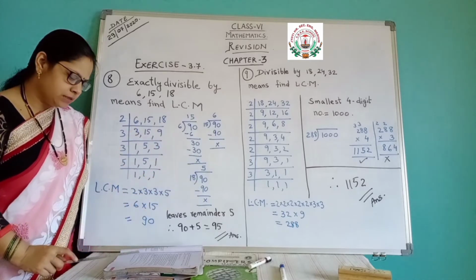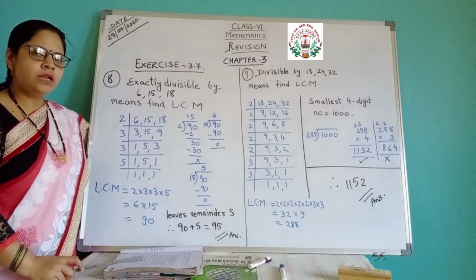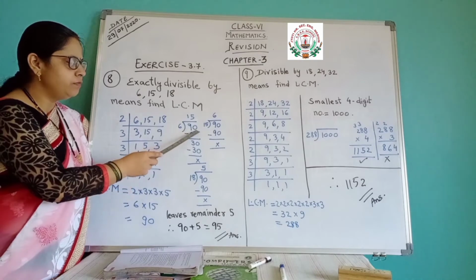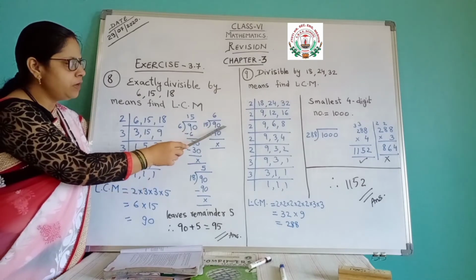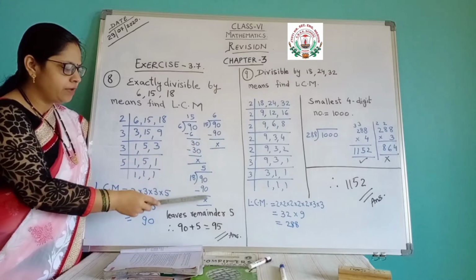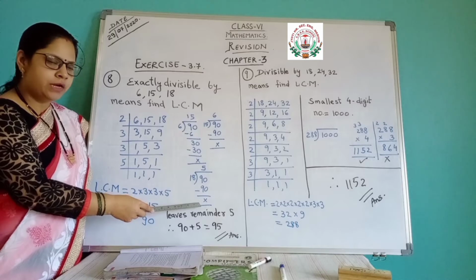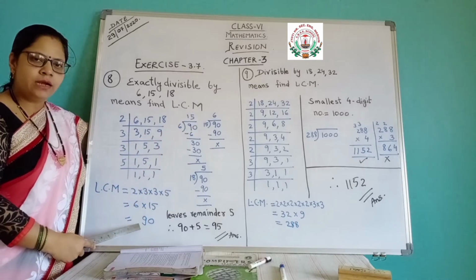In the question it is asking that it should leave the remainder 5. When will it leave the remainder 5? If it is 95, then only 5 will be the remainder. That means you have to add that 5 to this 90, which is the LCM.